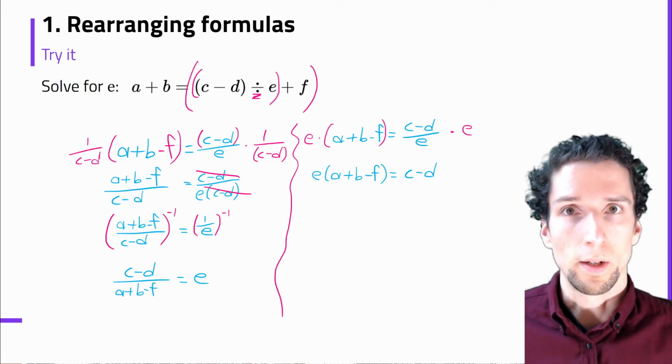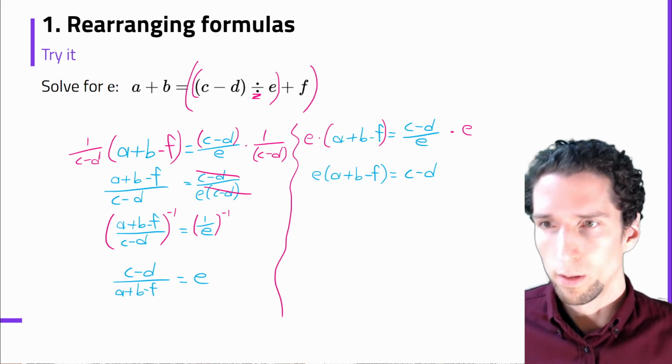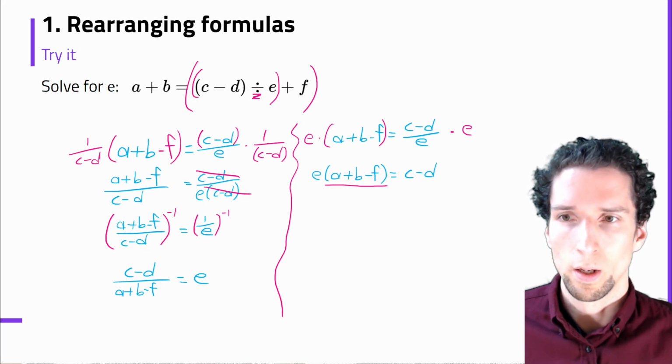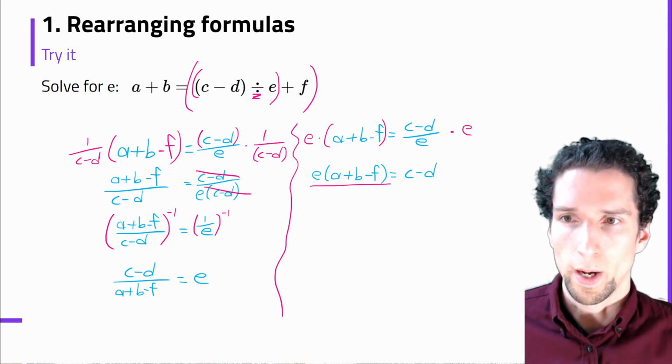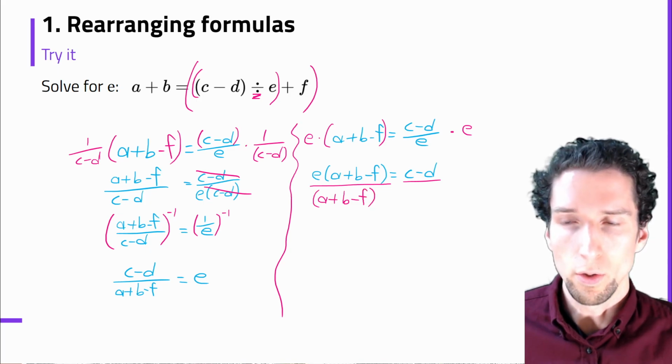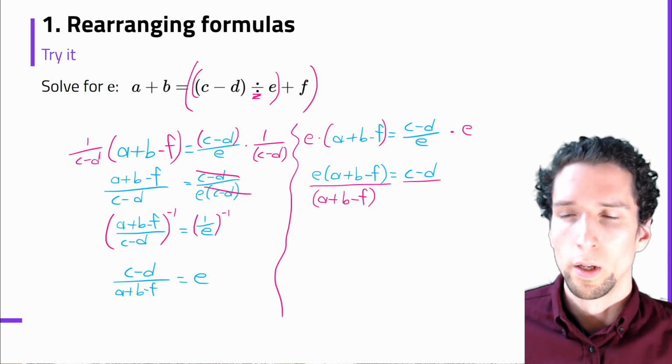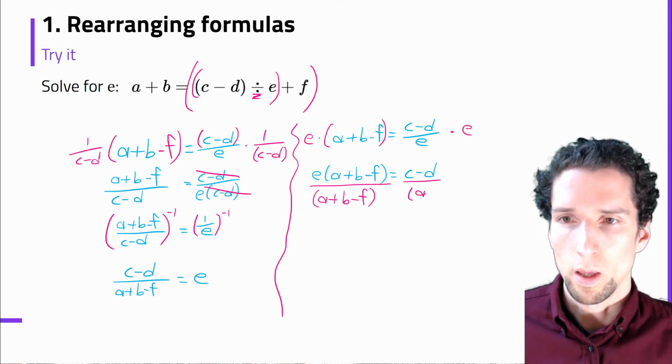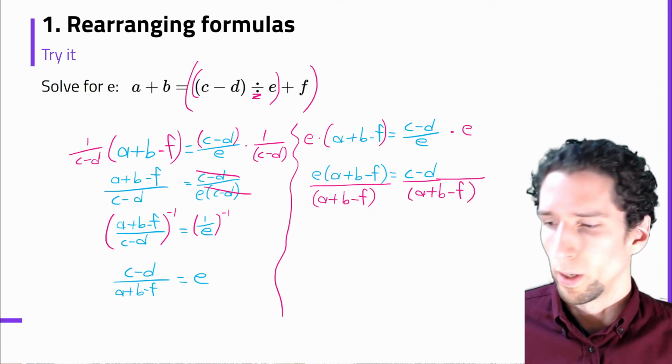So that might look like it didn't really help us, but then we can just easily divide both sides by this thing. So divide both sides by this a plus b minus f. Again, it's a unit, so as a whole, it will cancel out with the other one on top. And a plus b minus f here.